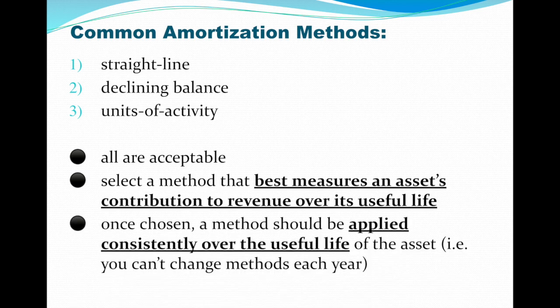Now, once you've chosen a method, you need to apply it consistently over the asset's useful life. So you can't just swap methods whenever you feel like it. You've got to do your due diligence at the start, figure out which method is the best to use, and then go with that.